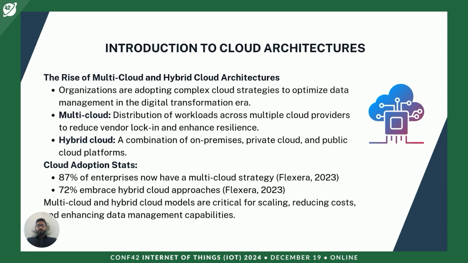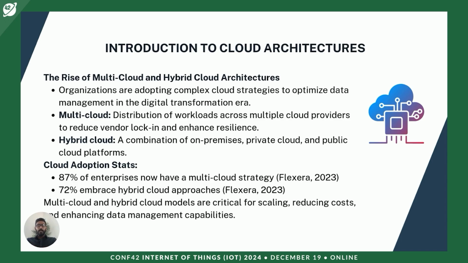So, coming to the introduction to cloud architectures. Cloud computing has fundamentally changed how organizations approach IT infrastructure and data management. Multi-cloud and hybrid cloud architectures are at the forefront of this transformation. Multi-cloud involves using services from multiple cloud providers, offering resilience and reducing dependency on a single vendor.